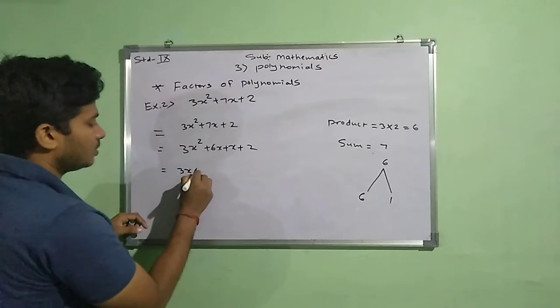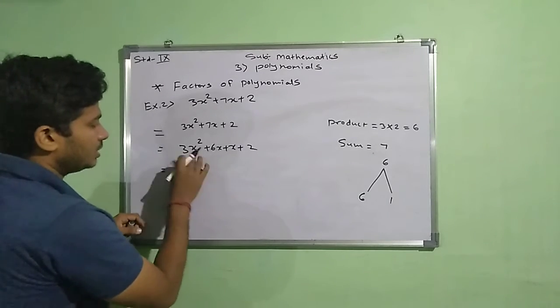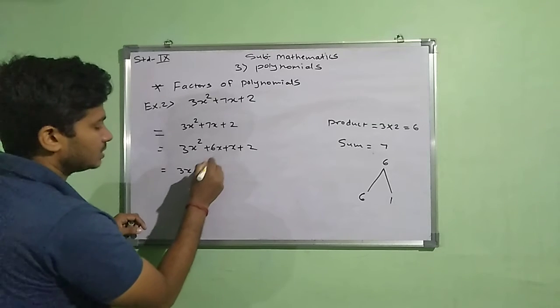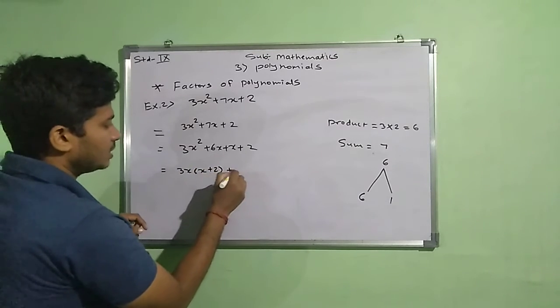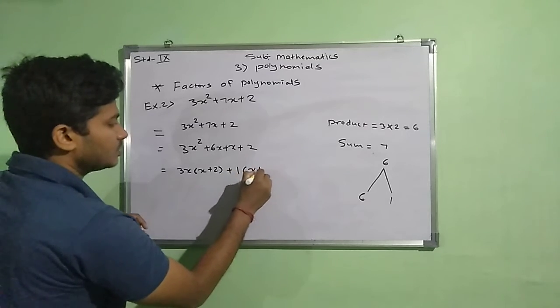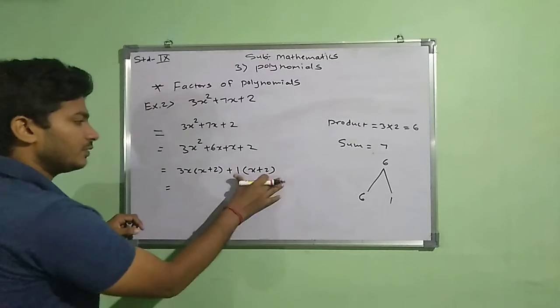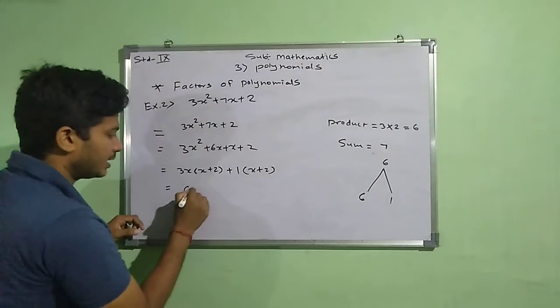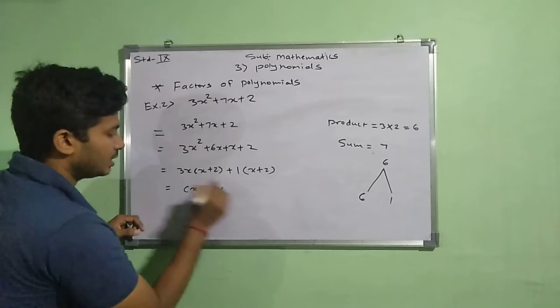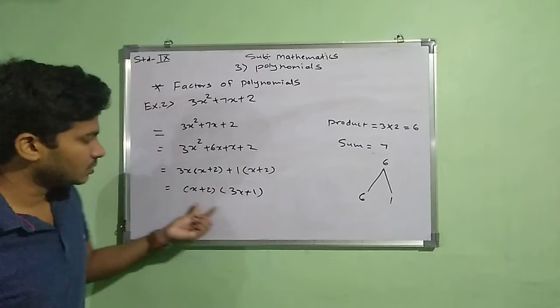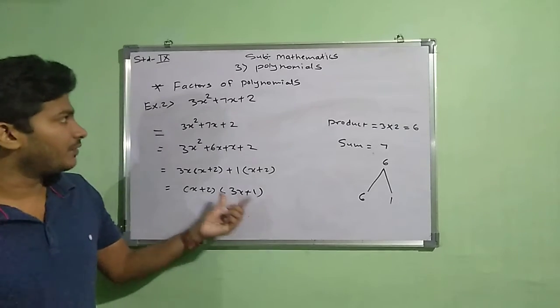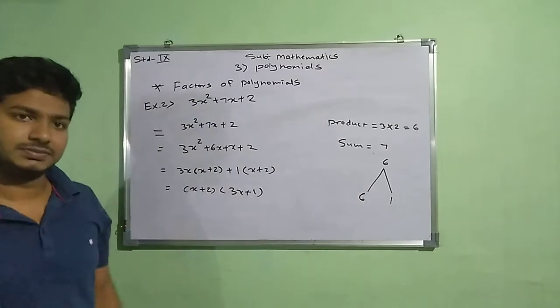After taking 3x common, x will remain in the first term, plus in the second term 3 times 2 is 6, so 2 will remain, plus 1 after taking 1 as common, x plus 2 will be inside the bracket. Now if you consider both the terms, we can take x plus 2 as common and 3x plus 1 will remain. So x plus 2 and 3x plus 1 will be the factors of the given quadratic equation.